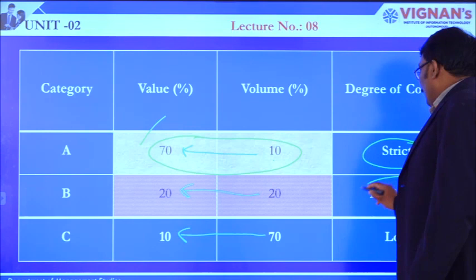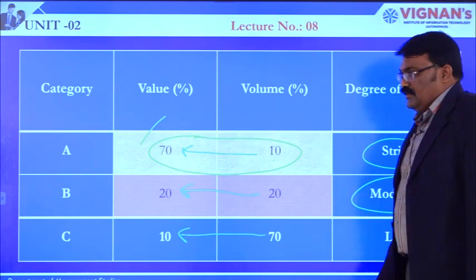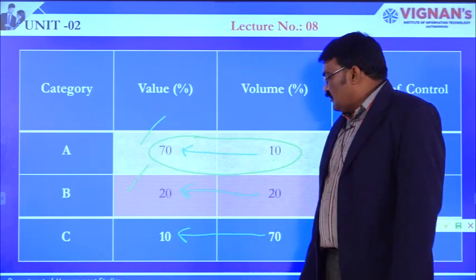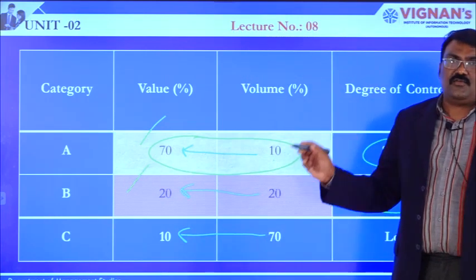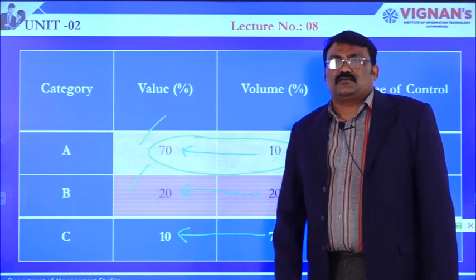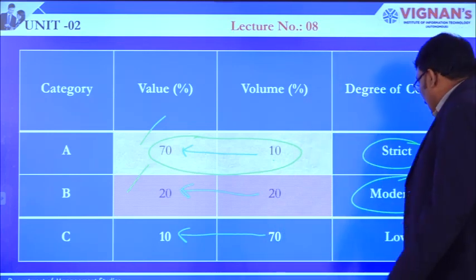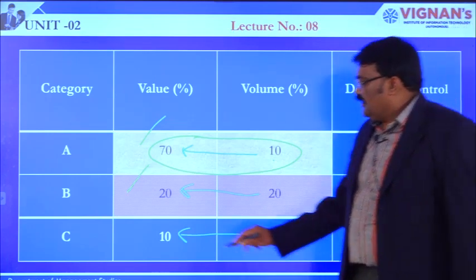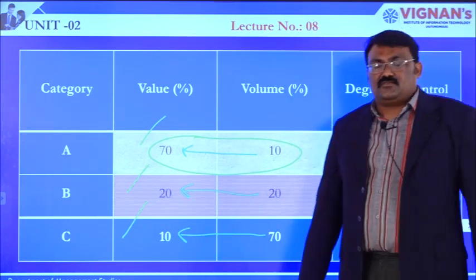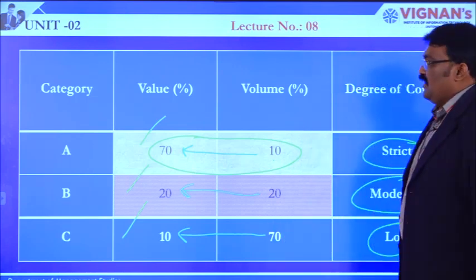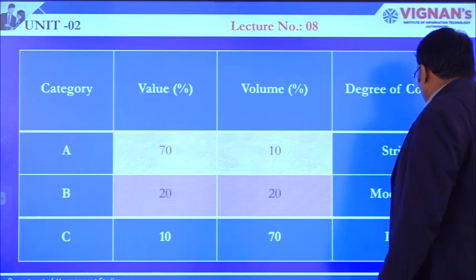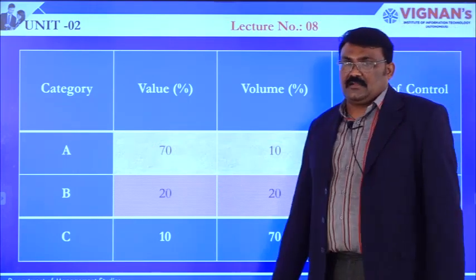The second one, the moderate one, will be given the next level of importance in terms of maintaining regulatory control on the B category of raw material. And the last one, the least importance, is for the C category of raw material. So, this is what we understand from the ABC analysis classification based upon the value and the volume diagram.